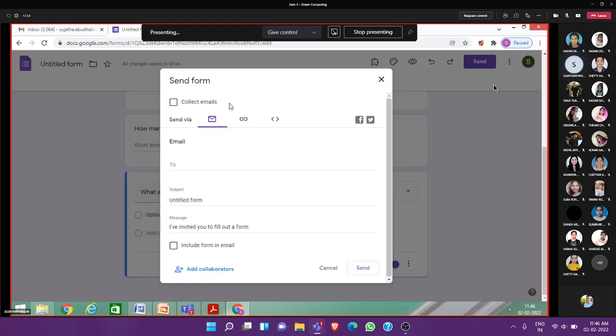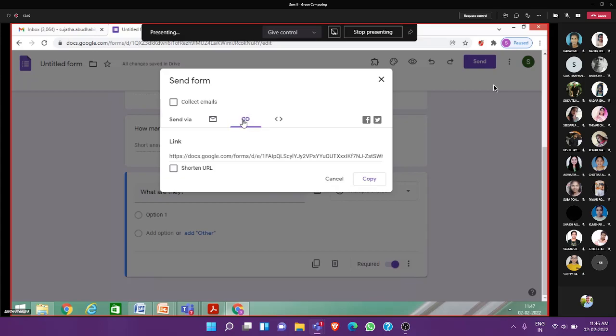Collect emails, if you don't want their emails. If you want, you can collect their emails. Then what you need to do is click on this link. Then shorten URL. You can shorten the URL.